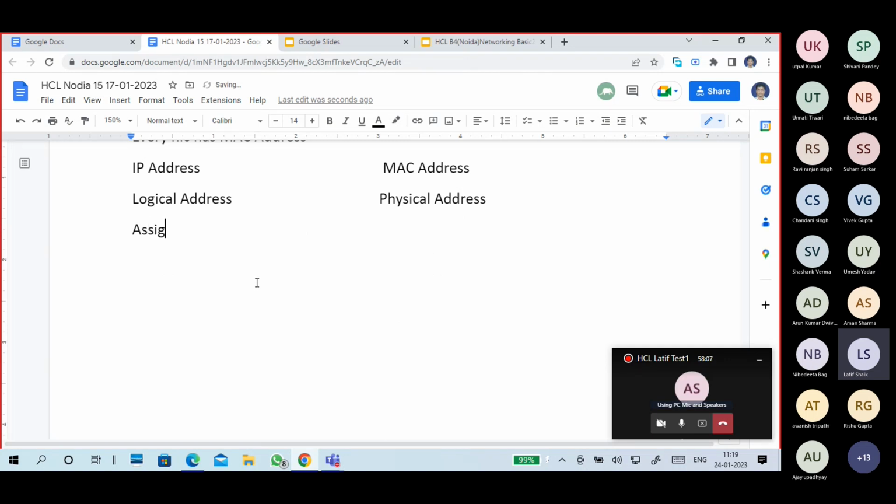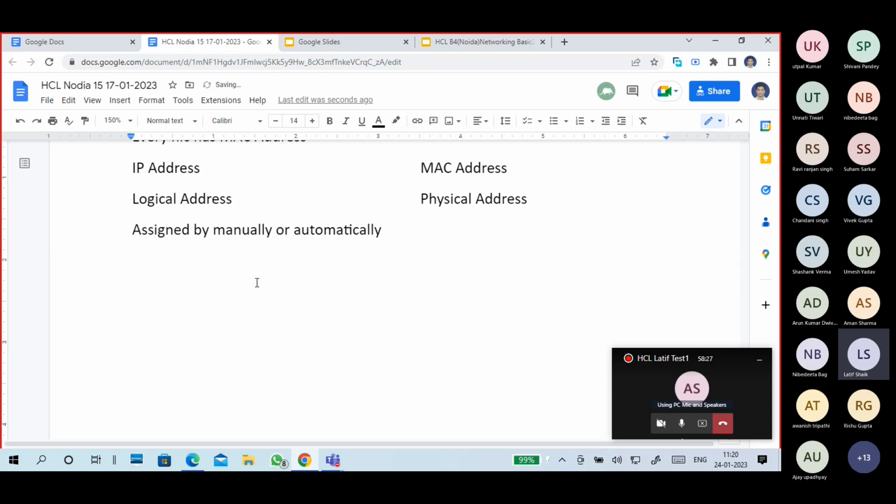IP address can be assigned manually or automatically. IP addresses are never inside your system by default.